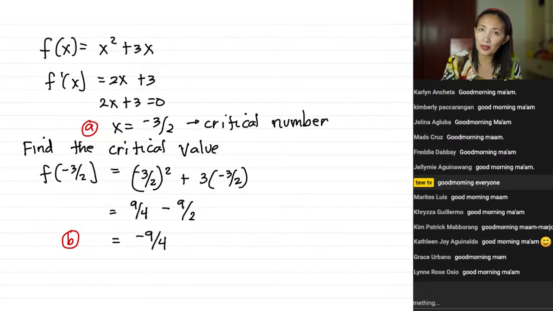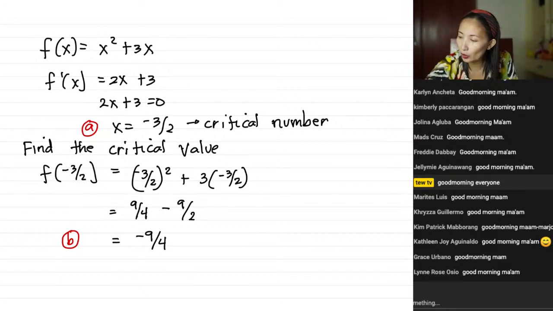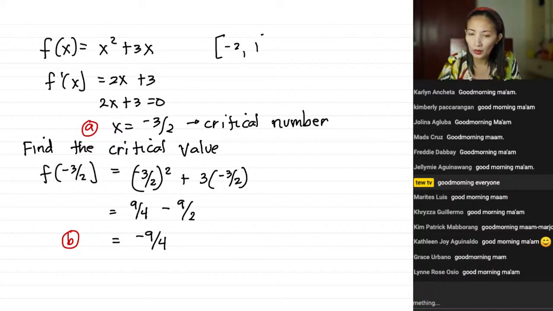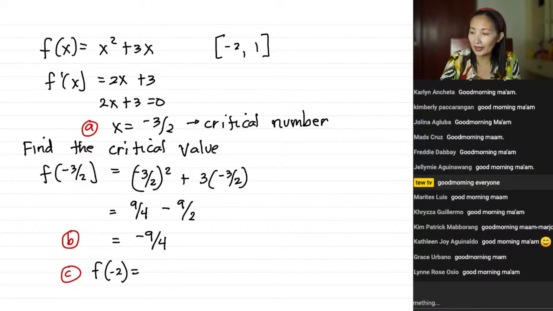What is step number 3? Find the function value at the endpoints. Remember, the given interval is negative 2, 1. So this is now letter C, f of negative 2. Where did I get negative 2?